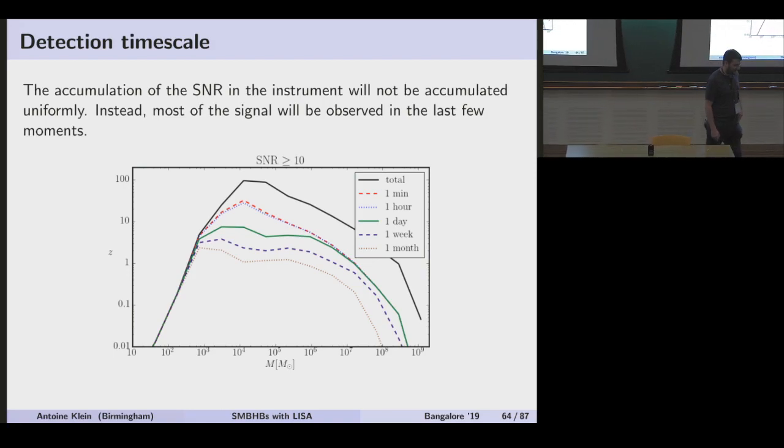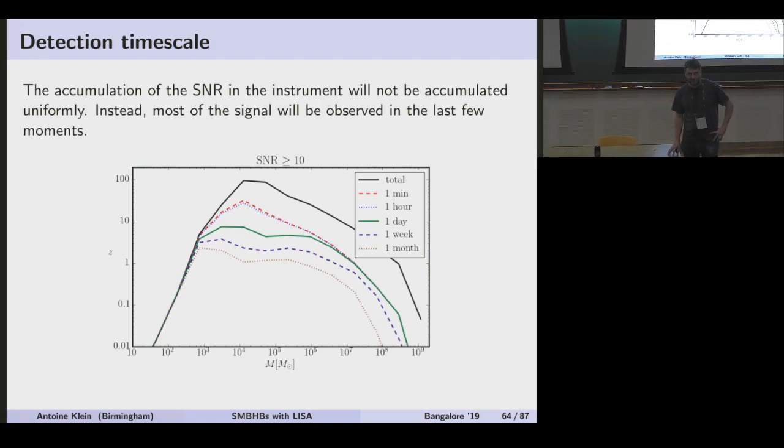I think the threshold depends mostly on the complexity of the waveform more than anything else. Here it might be a little bit different because those will probably include eccentricity.